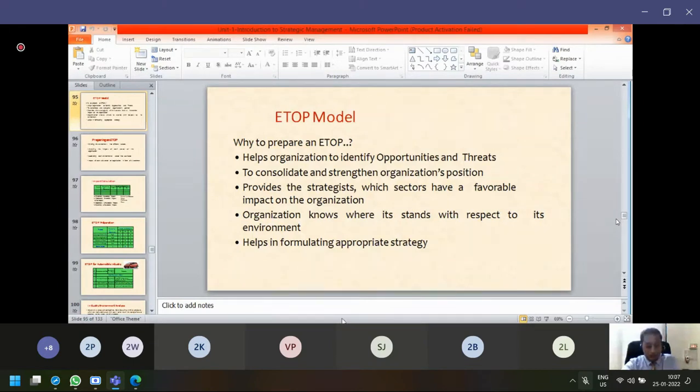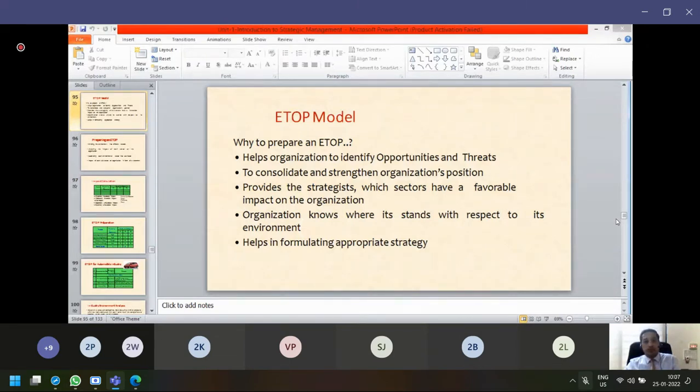So the full form of this ETOP is Environmental Threats and Opportunities Profile. You may write down the full form of this ETOP, that is Environmental Threat and Opportunity Profile.